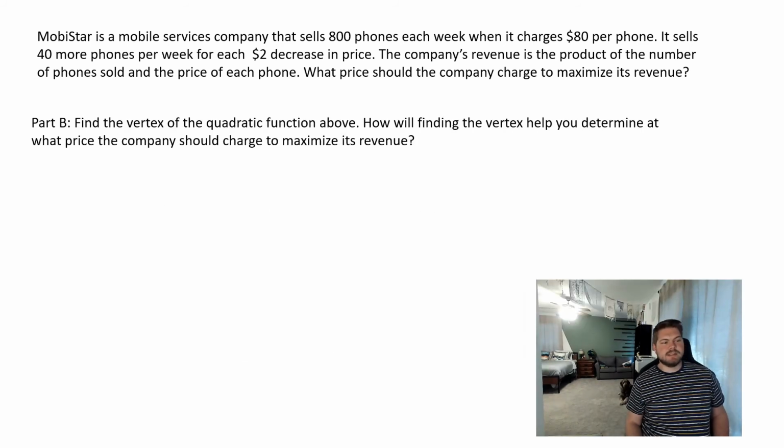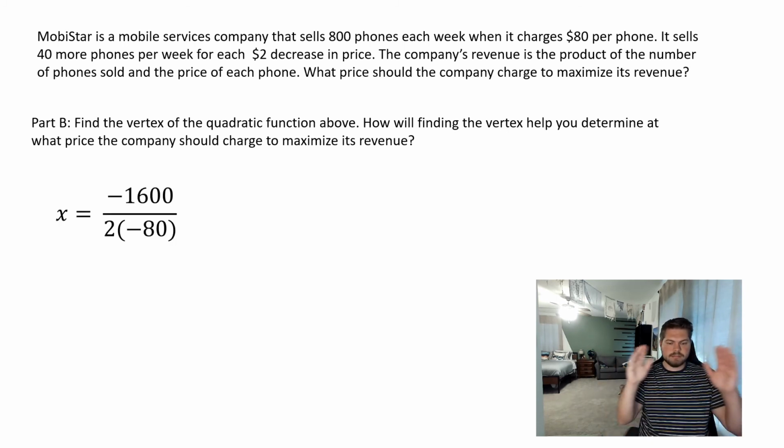All right, so in part B, we're going to find the vertex of the quadratic function. And how will finding the vertex help you determine what price the company should charge to maximize its revenue? Well, it kind of says it right there that the vertex is going to be the max. It's going to be the height of the profit. So we can find our vertex because it should be split perfectly between our zeros anyway.